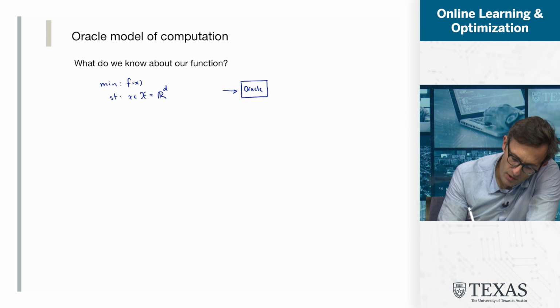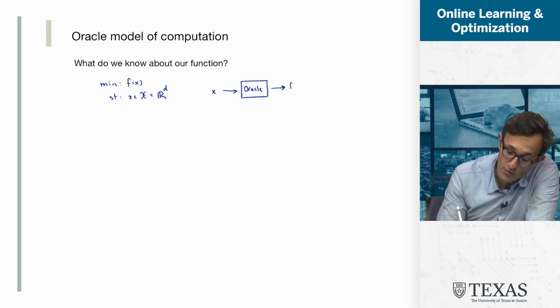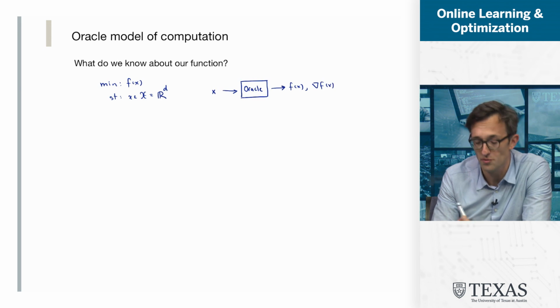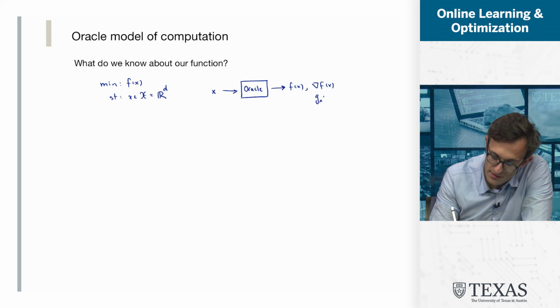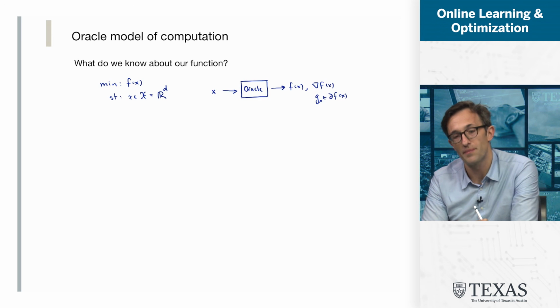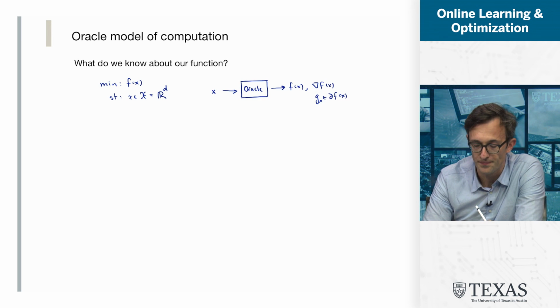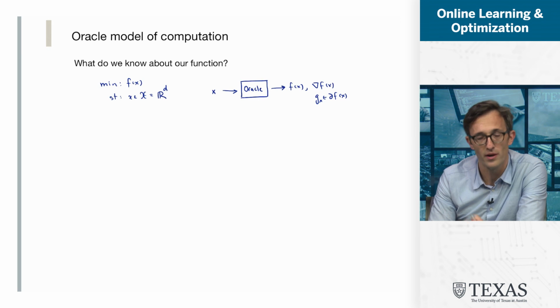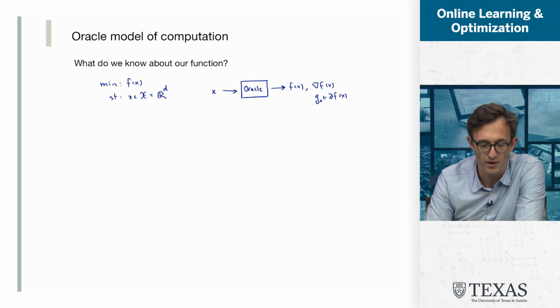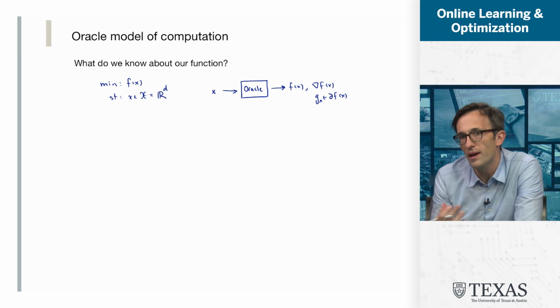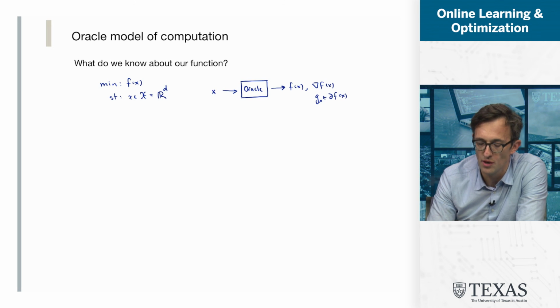Whenever I feed it x, it returns an evaluation of the function and either the gradient of f at x if my function is differentiable, or it returns some element of the subdifferential if my function is not differentiable. So if you think back to gradient descent and subgradient descent, the subgradient method, we can run either one of these without knowing anything about our function f, as long as we have access to this oracle.